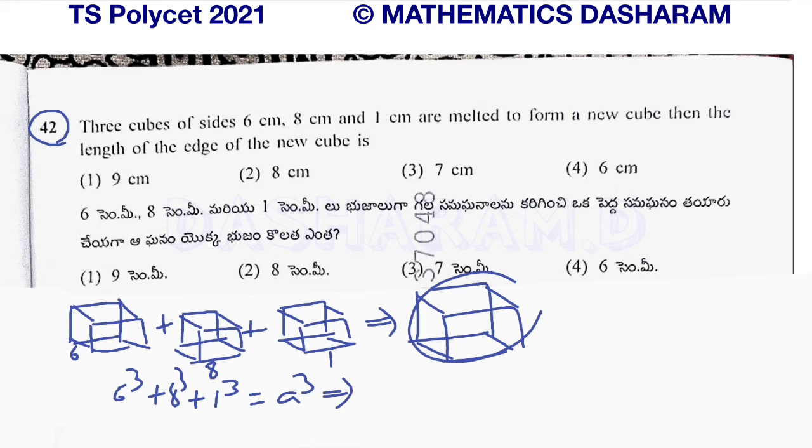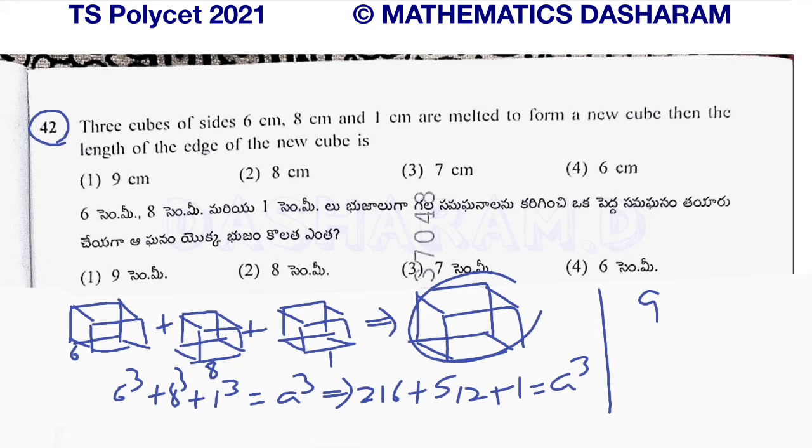So it implies 6 cube is 216, 8 cube is 512, 1 cube is 1, equals a cube. 216 plus 512 plus 1: 6 plus 2 is 8, 8 plus 1 is 9. So I will write here 9.